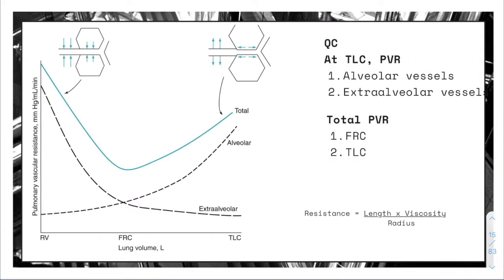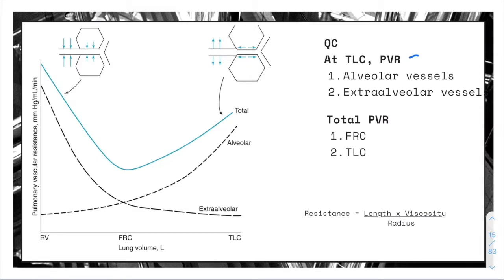Okay, so let's look at the question. Based on the graph, can you answer at total lung capacity, the pulmonary vascular resistance of your alveolar vessels or extra-alveolar vessels, which is higher at total lung capacity? You can type in your answers in the chat box.